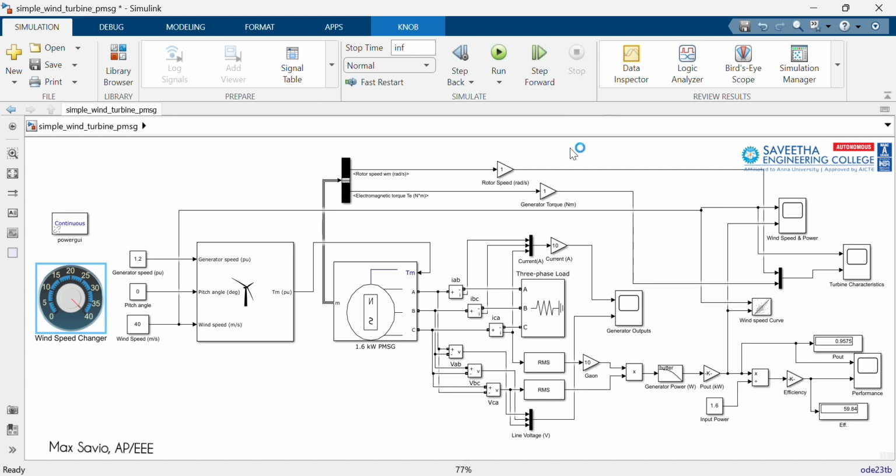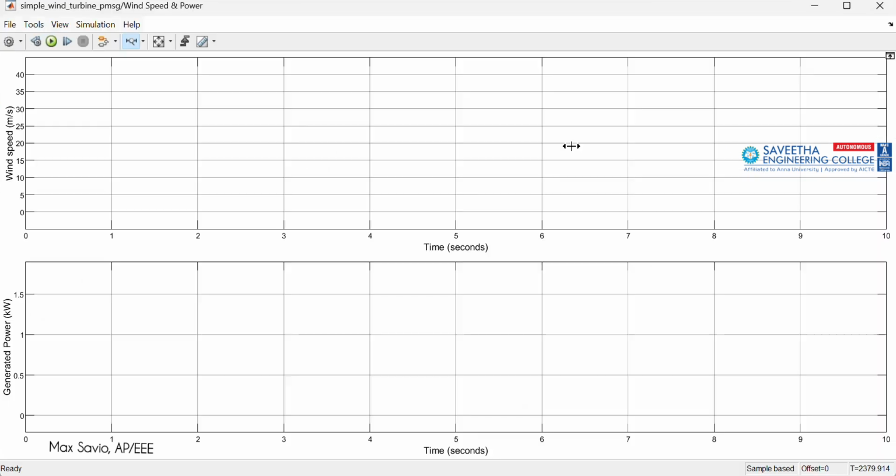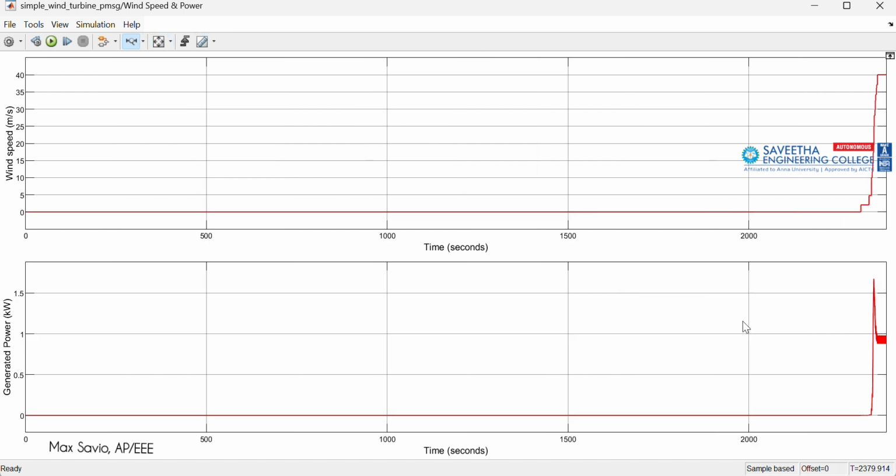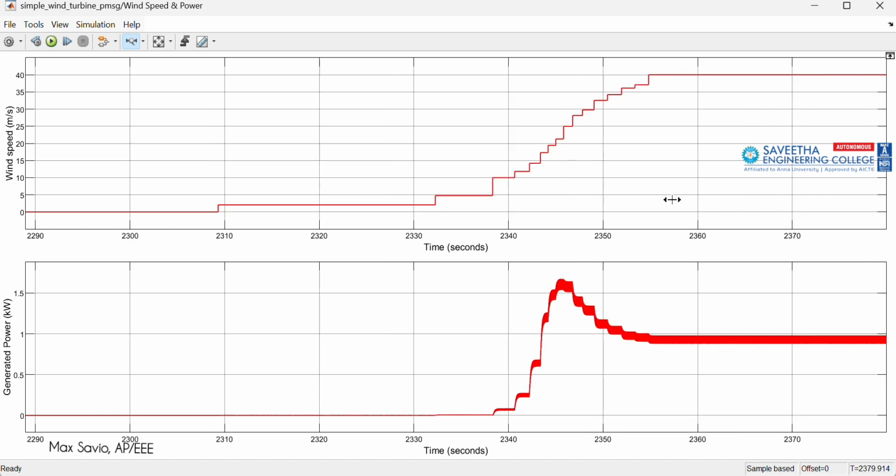Okay, so now let's see how the curve has come. So first thing is the wind speed and the power generator. Let's see on this. Just auto scale it. Okay, so I'll just zoom this. You can see how we have changed it.